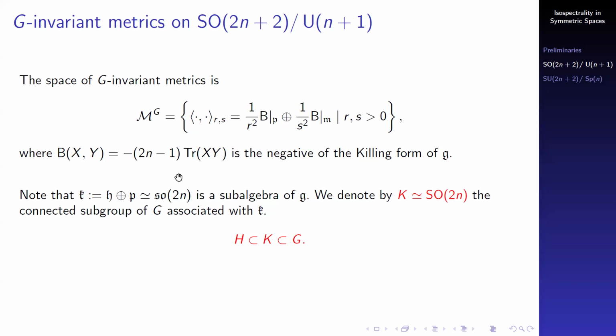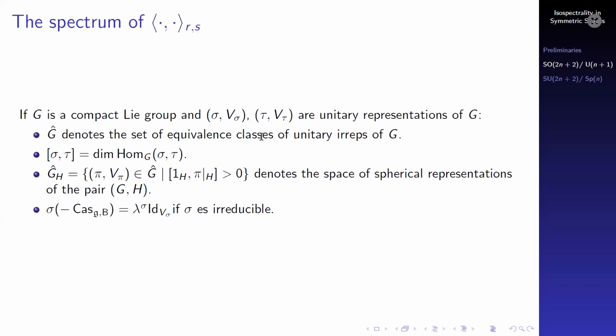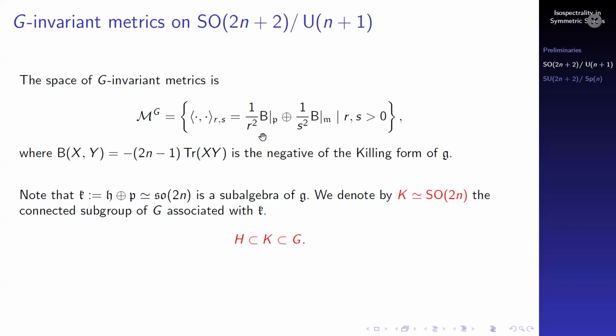We take the Killing form, and in P it has to be a multiple of this inner product, and in M it has to be a multiple. So we can vary this multiple, and we have all the Ad(H)-invariant inner products that correspond to G-invariant metrics.